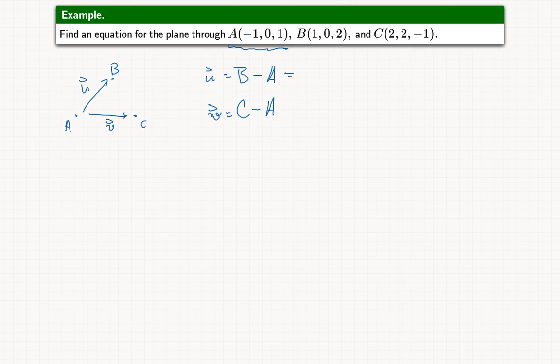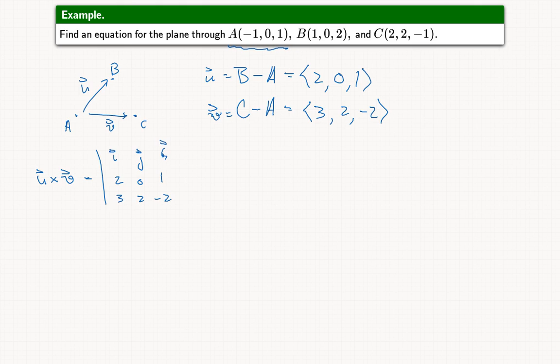So b minus a is (2, 0, 1). c minus a is (3, 2, negative 2). And so u cross v is the determinant of i, j, k; 2, 0, 1; 3, 2, negative 2.